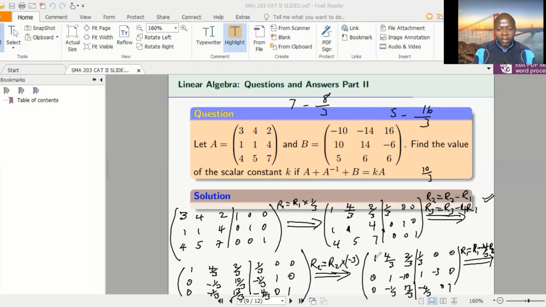This one is the only non-zero element in column 1, so I want this one to be the only non-zero element in column 2. So I get a 0 here. So I need row 3 to be obtained by the original row 3 plus a third of row 2.